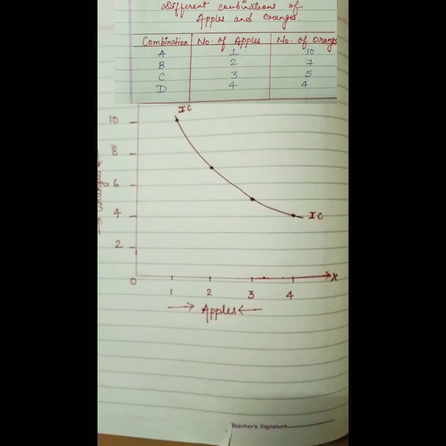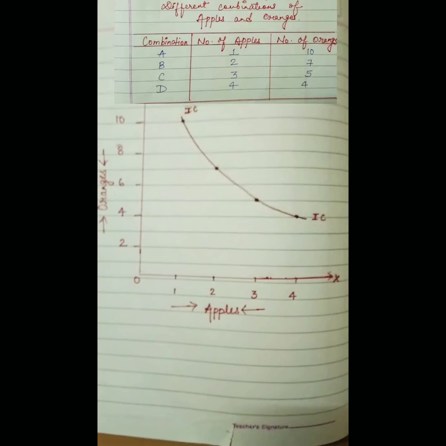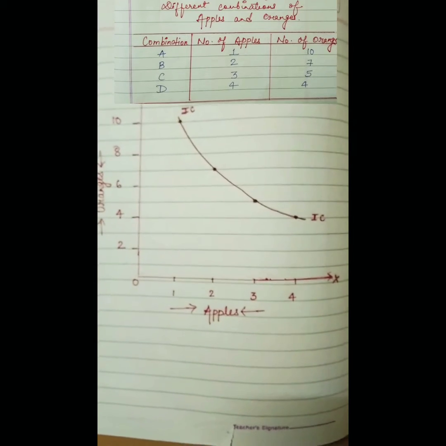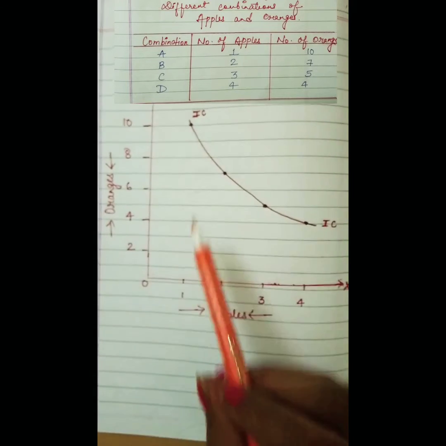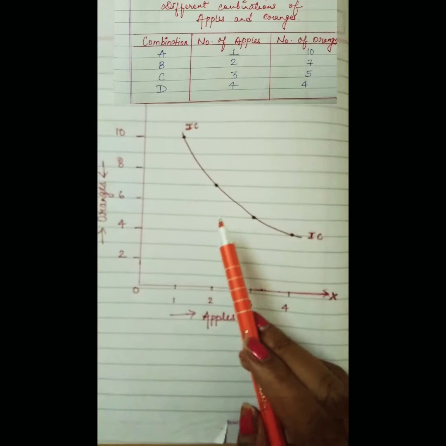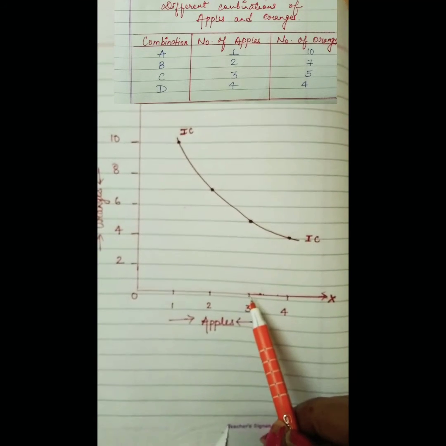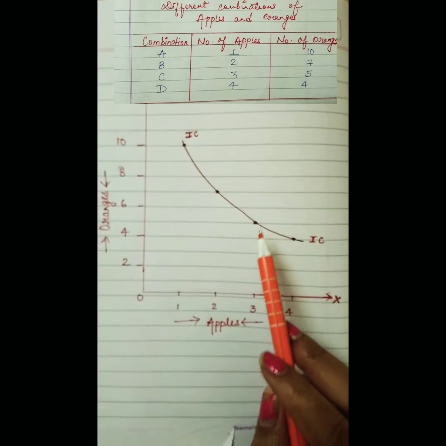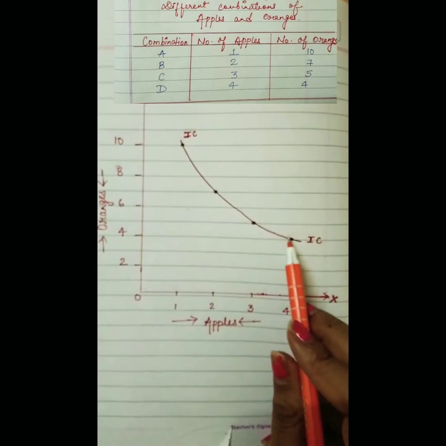Students, you have seen the schedule, the different combinations A, B, C, D. At combination A there was 1 apple and 10 oranges. At combination B, 2 apples and 7 oranges. At combination C, 3 apples and 5 oranges. And at combination D, 4 apples and 4 oranges.